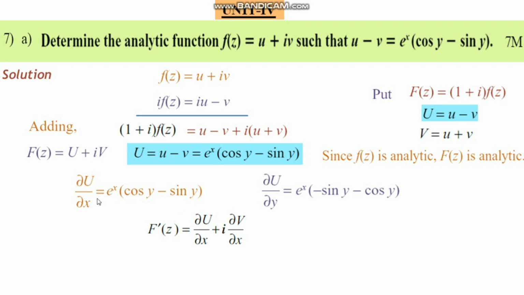But we know only ∂U/∂x and ∂U/∂y, and here we have ∂V/∂x. ∂V/∂x is now directly replaced using one of the Cauchy-Riemann equations. ∂U/∂x is already known and we have not changed it, but ∂V/∂x equals negative ∂U/∂y. F'(z) is ∂U/∂x minus i ∂U/∂y.